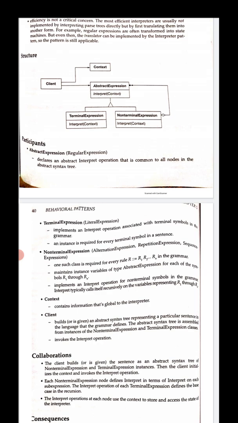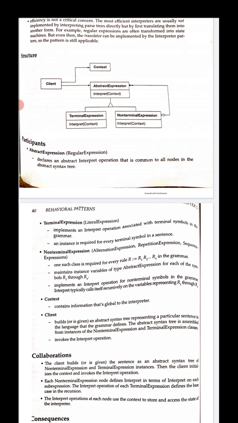We need to maintain instance variables of type abstract expression for each of the symbols r1 through r_n, and implement an interpret operation for non-terminal symbols in the grammar. Typically it calls itself recursively on the variables r1 through r_n.